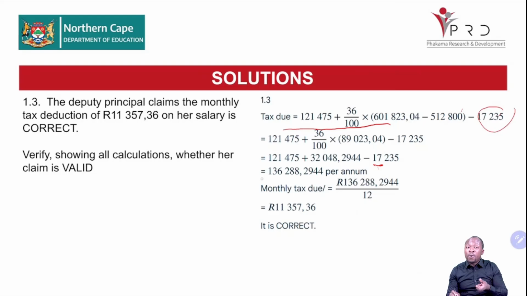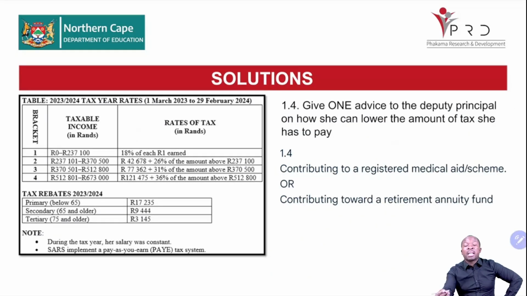But we are looking for the tax that was deducted for 1 month, so we divide by 12. Are we together? The amount that we got is 11,357 and 36. That is the same thing which is in the question. So what does that mean? It means the claim is correct.